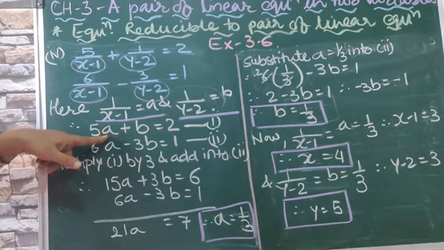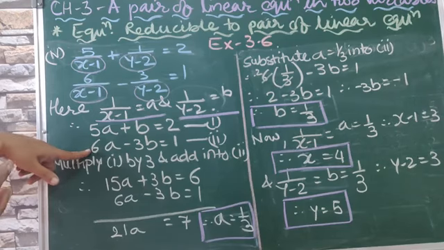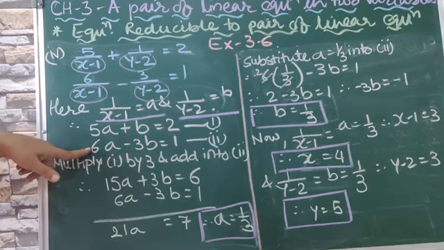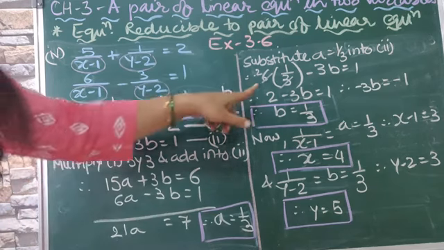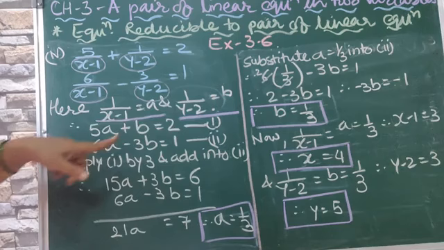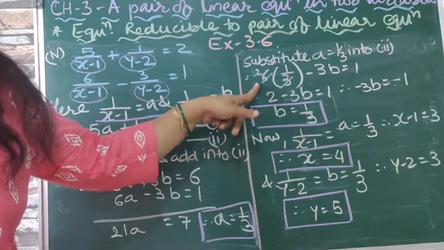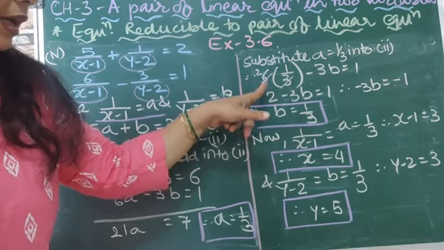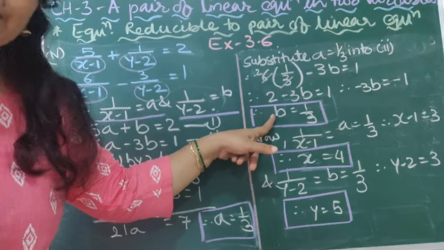To avoid more time consumption, you have to do smart work, not only hard work, and that's why I selected the second equation, because as you know, 3 twos are 6. So it will cancel out easily, and we do not have to take LCM or anything else, and our calculation will be simple.